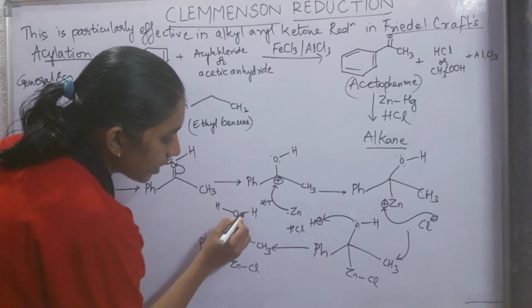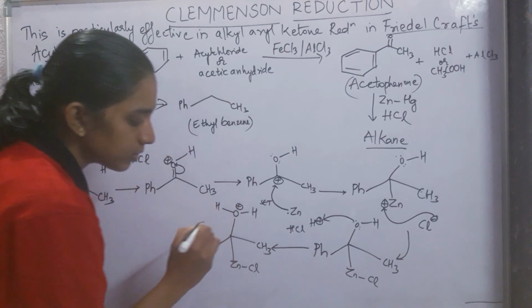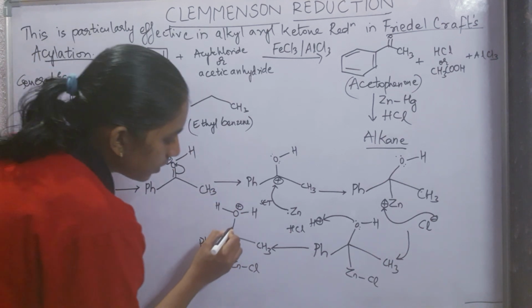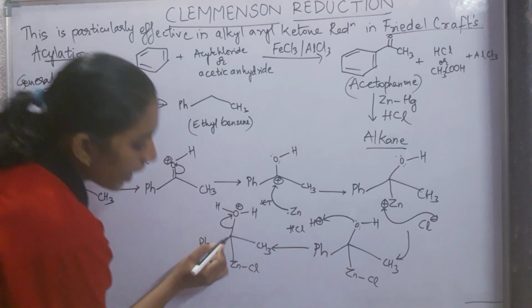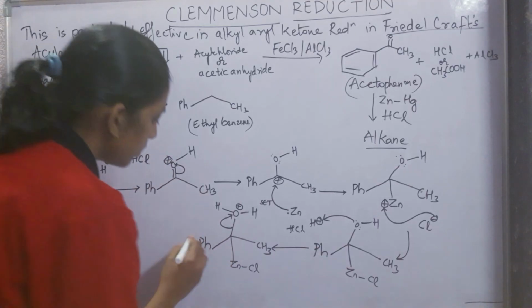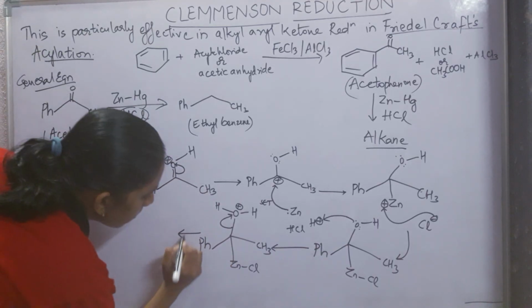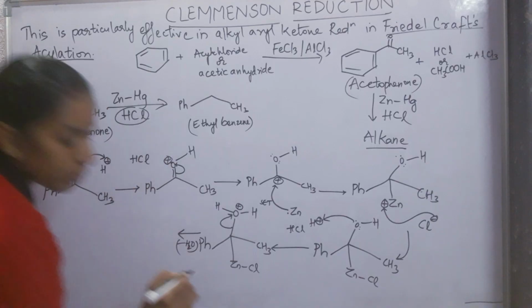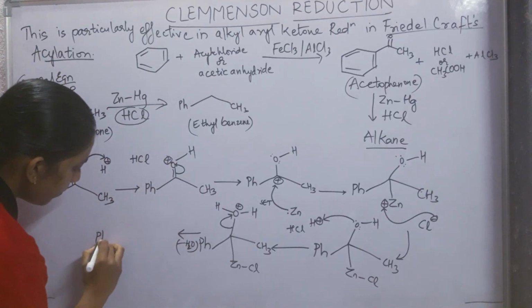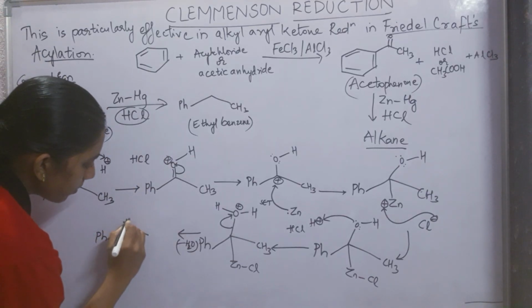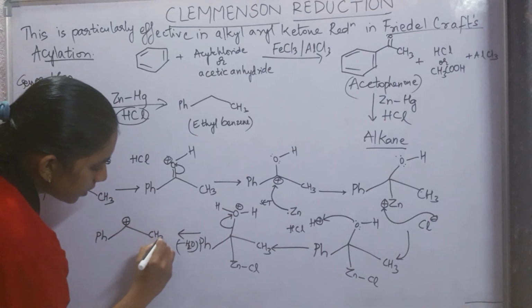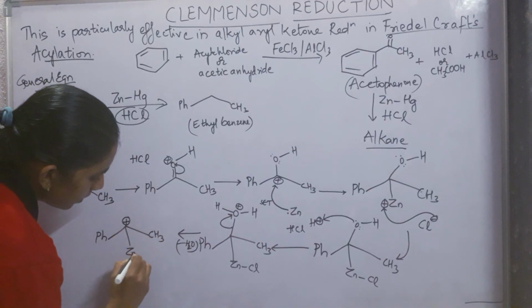As oxygen is carrying 3 bonds, it will get a positive charge. As oxygen is positively charged, what will it do? It will take the bond from carbon and this carbon will be positively charged. And here we will be losing a water molecule, minus H2O. Ph, carbon here gets a positive charge, CH3 ZnCl.